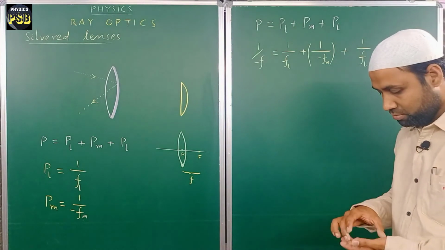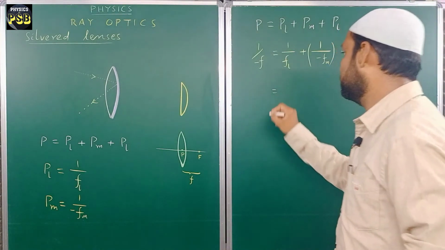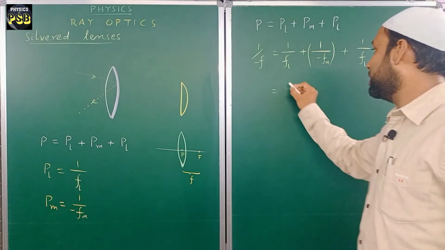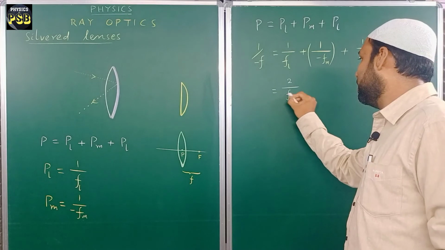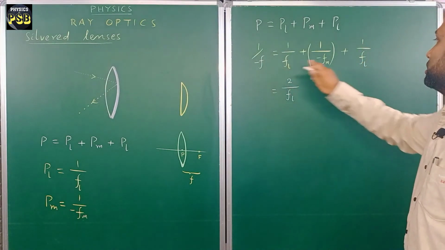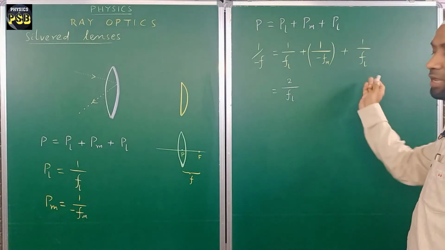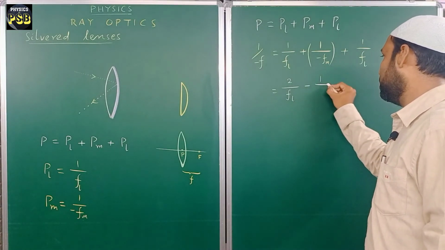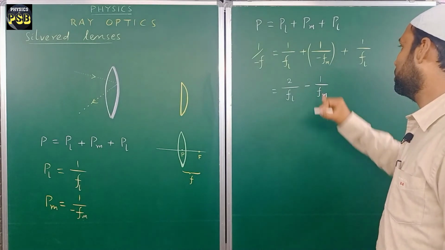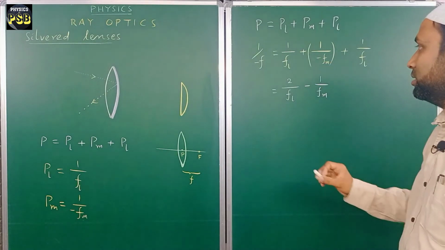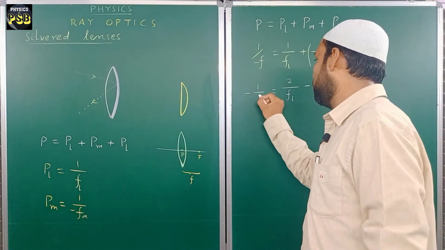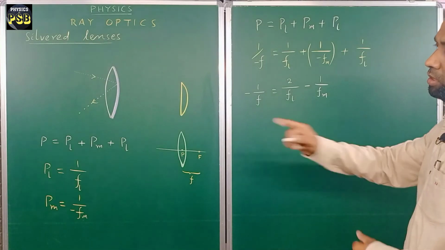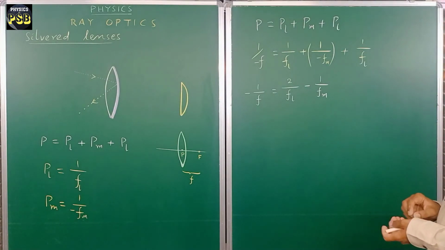Now if I add these two, I'll get 2 upon FL. As the terms present in the denominator are the same, they can be added as such. Then the other term becomes 1 upon FM with the minus sign written here. Minus 1 upon FM. This is the power of the given silvered lens.